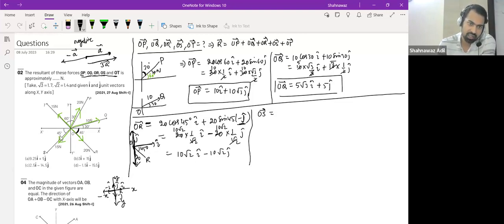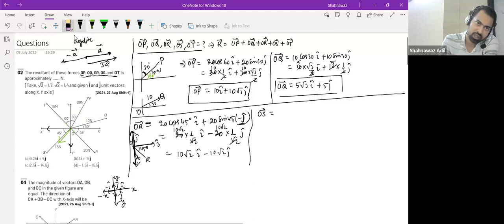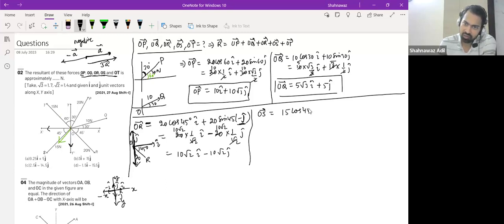Just see which direction this is. This is I, so this would be minus I. This is J, so this would be minus J. So you will have 15 cos 45 in minus I, and then 15 sin 45 in minus J.